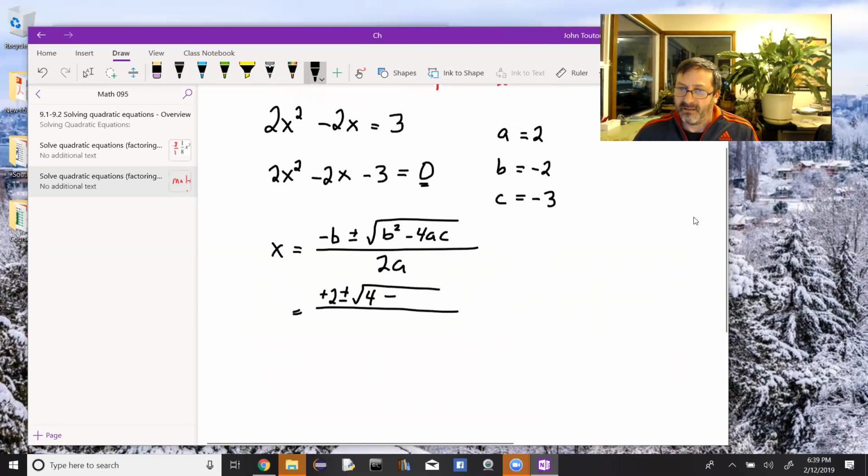Or I can write it out. Here I wrote this out. It's a minus 4 times 2 times negative 3. That's going to become a plus 24. So sometimes it would be easier just to write that in automatically as opposed to putting those values in one by one.